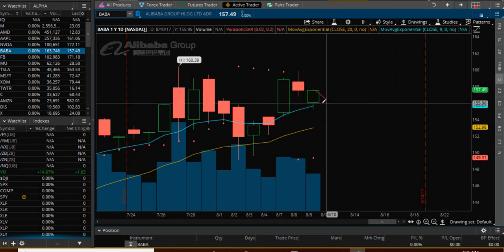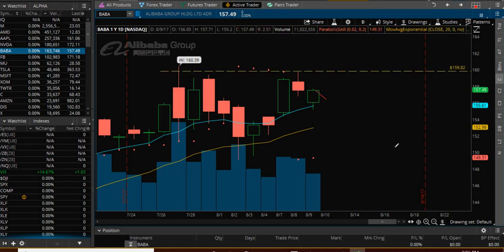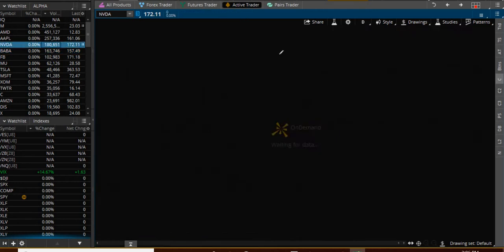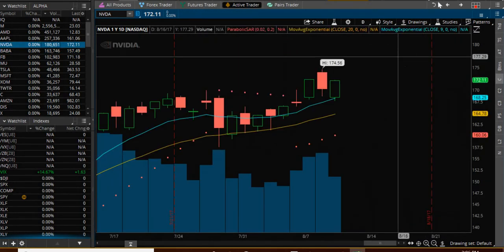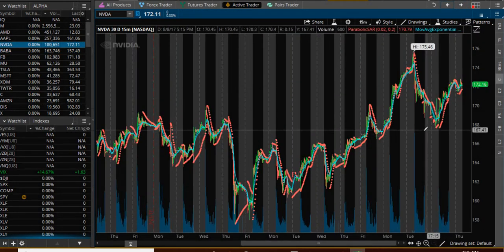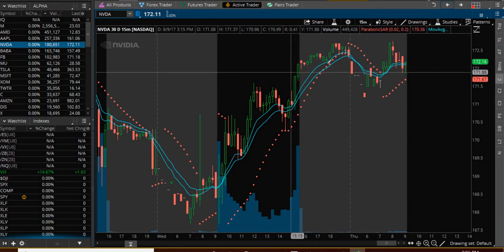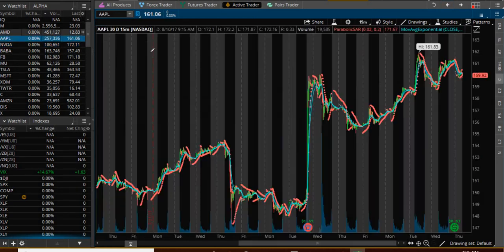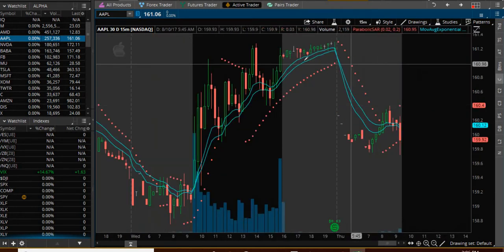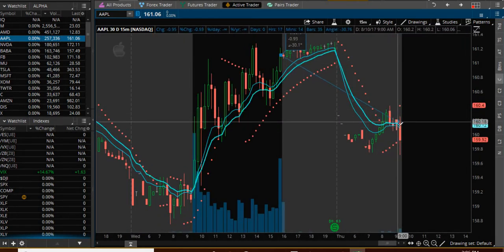Yeah, it's still above the EMA. All right. Let's look at NVIDIA. NVIDIA, not really affected by the VIX, has not lost much overnight. So, Apple came down as well.